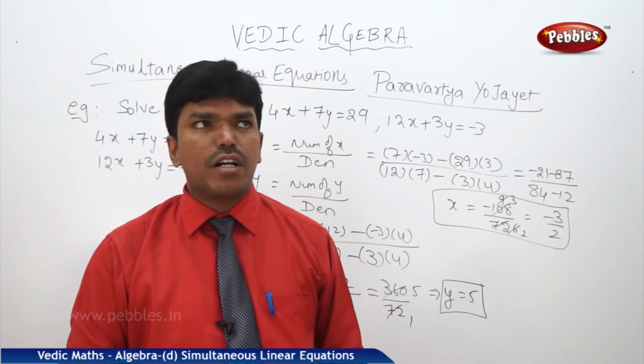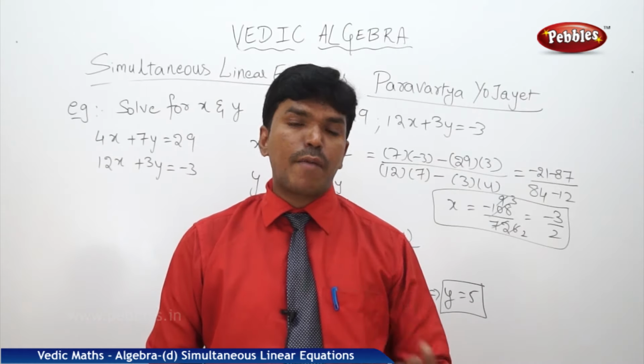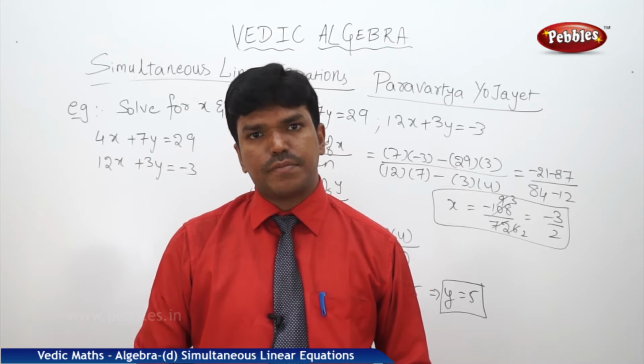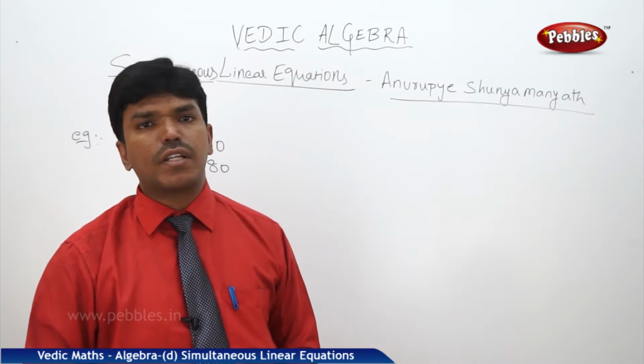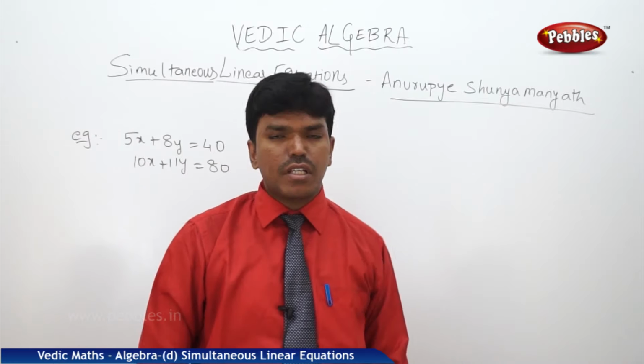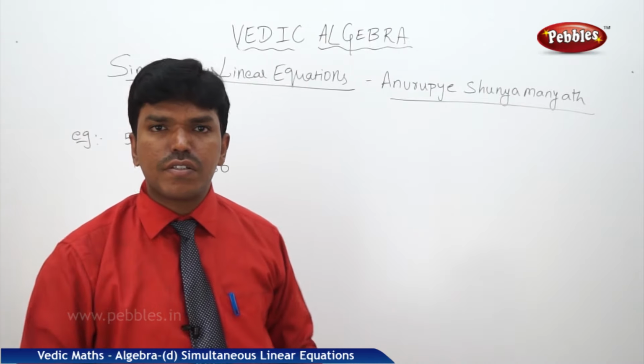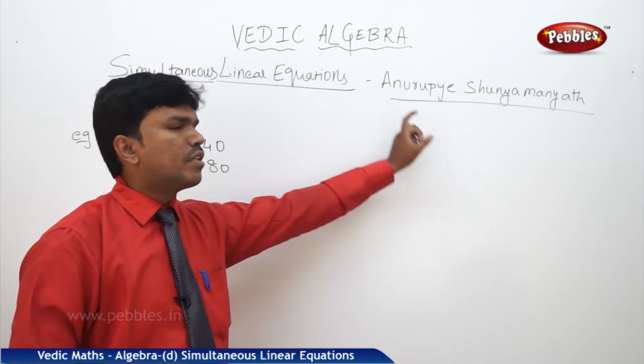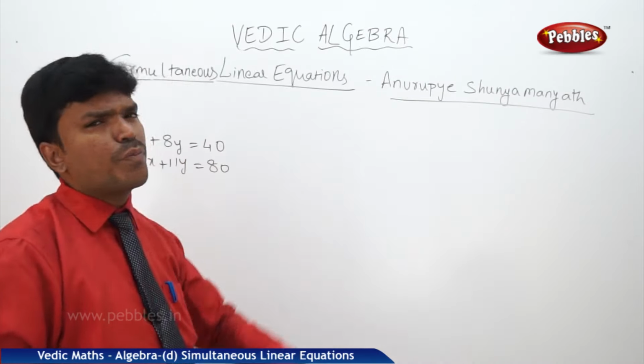Now we will see another type of simultaneous equations, using Anurupye Shunyamanyat. We will apply another sutra, Anurupye Shunyamanyat, in solving simultaneous linear equations. What do you mean by Anurupye Shunyamanyat?